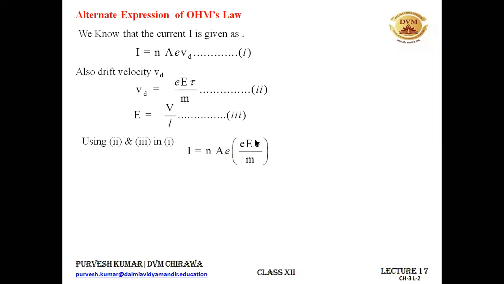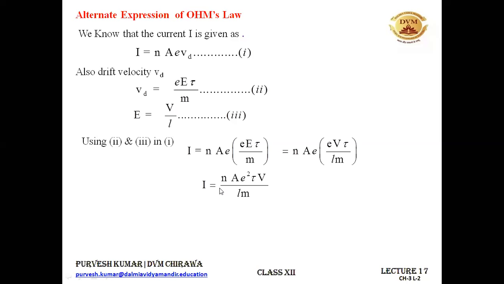In place of this capital E, I can write V by L. So the equation becomes nAe in brackets, with small e, in place of capital E, I have written V by L, and τ divided by m was already there in the equation. So now you are left with this.